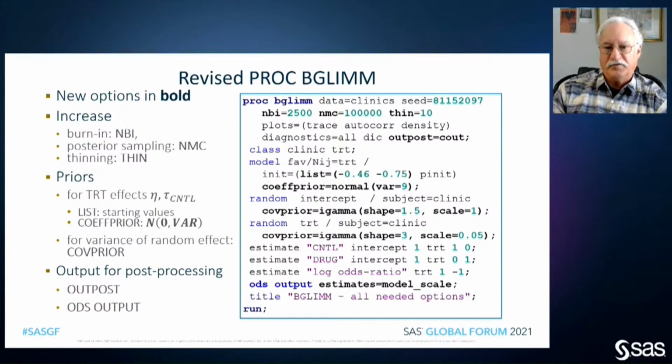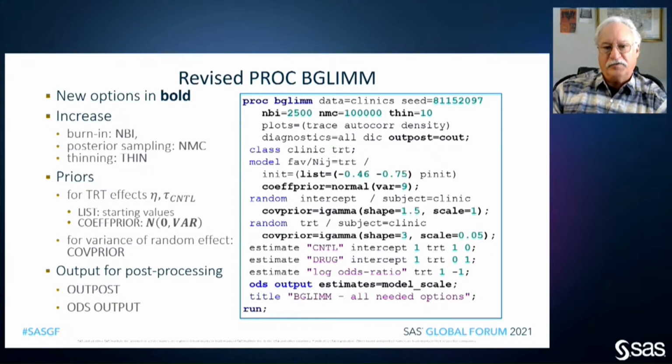Unfortunately, these are centered at 0, but I have a normal distribution with a variance of 9. So this allows the distribution to be fairly diffuse in the area where the fixed effects are likely to be, but it doesn't include all that territory out to minus infinity or positive infinity.